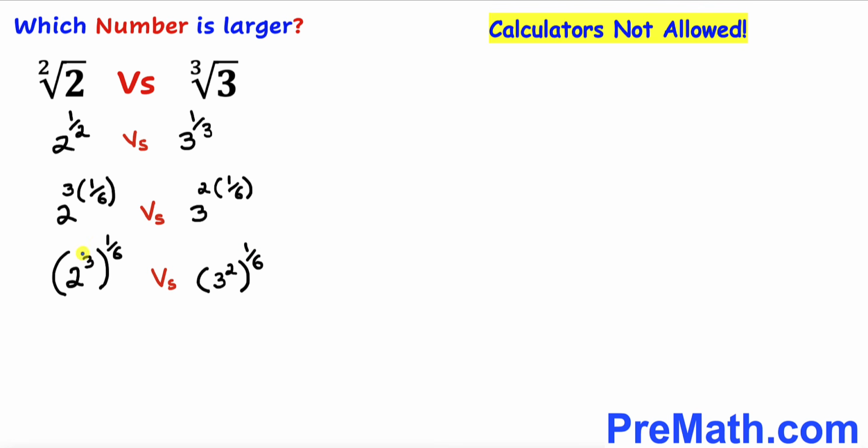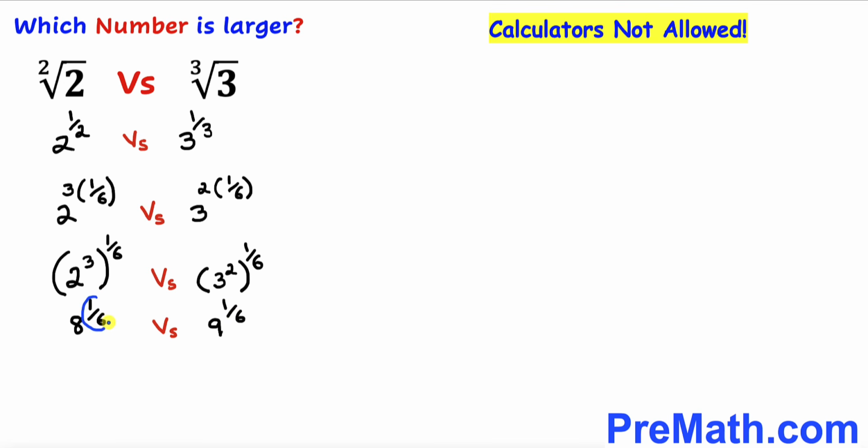Now we can see inside the parentheses 2 power 3 is 8, and inside the parentheses on the right-hand side 3 power 2 is 9. Therefore we end up with 8 power 1 divided by 6 versus 9 power 1 divided by 6. Now let's make an observation.